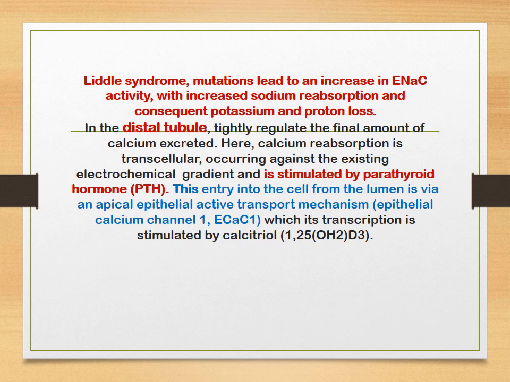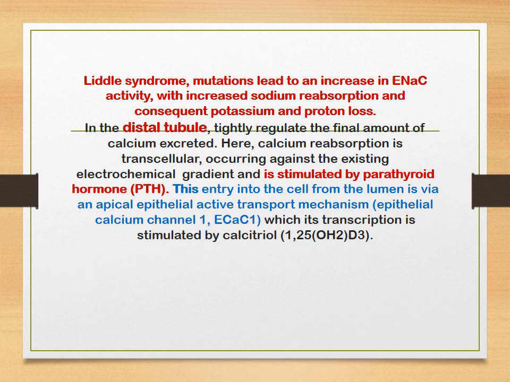Liddle syndrome is characterized by a mutation that leads to an increase in epithelial sodium channel activity, resulting in increased reabsorption of sodium and consequent excretion of potassium and hydrogen ion.